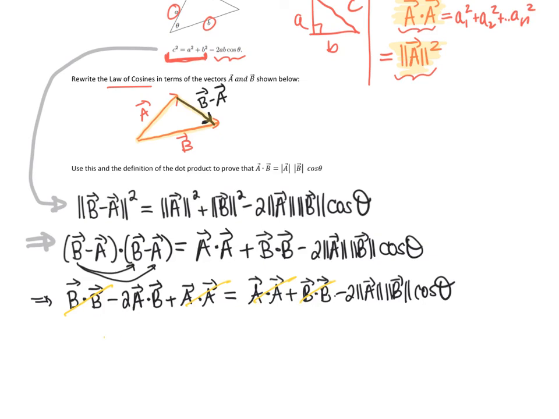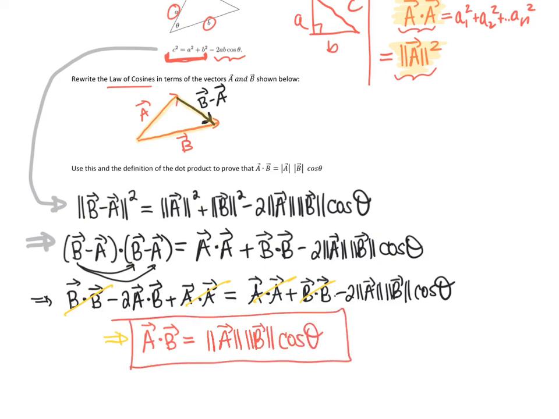And so notice I end up with, we can cancel those negative 2's. That would help. So then I'm going to get A dotted with B is equal to, where we wanted to end up, the magnitude of A times the magnitude of B cosine theta. So this is how you can start from the algebraic definition and then get to this other geometric definition using the law of cosines.